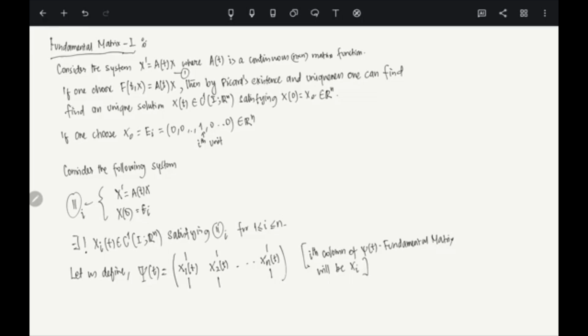That is your phi. Now you do realize that phi is an n cross n matrix, and since x1, x2, up to xn are all C1, phi is also C1, so you do not really have to worry about it. Now there are a few properties which we really need to understand.